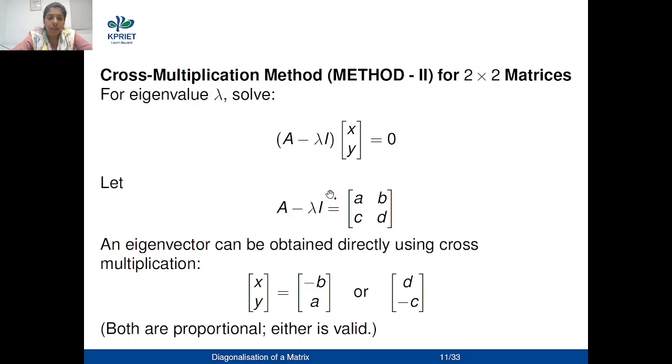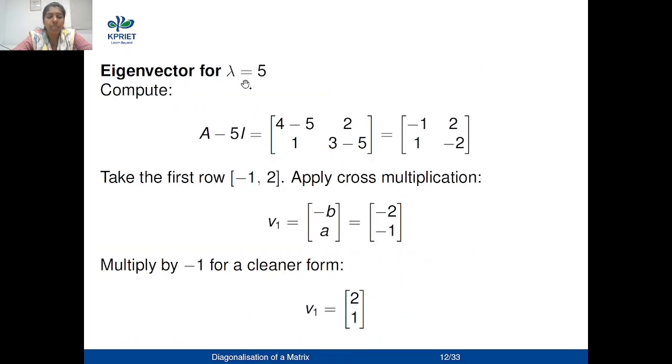Here I have a formula: suppose I have a matrix of order 2 by 2 where the entries are denoted as a, b, c and d, then the eigenvectors can be derived using the formula minus b, a or d, minus c, where these two eigenvectors are proportional and either eigenvector is valid.